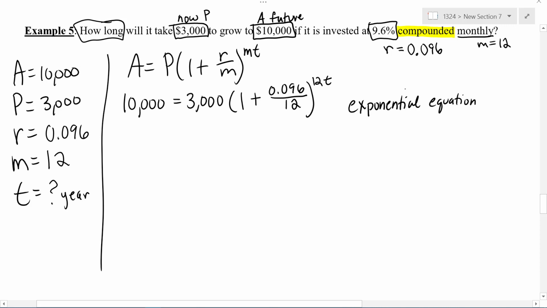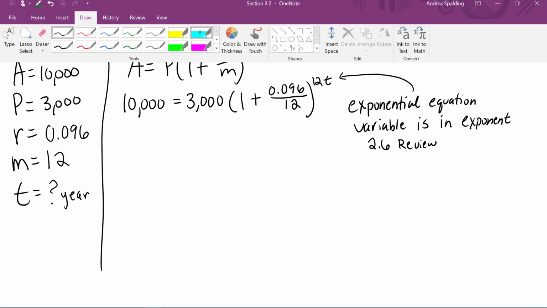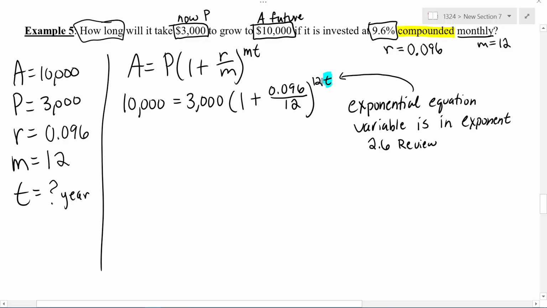The reason I know it's an exponential equation is because the variable is in the exponent. This is a problem that we saw in the section 2.6 review. If you need to, you're welcome to go back and look at the 2.6 review video on solving exponential equations.